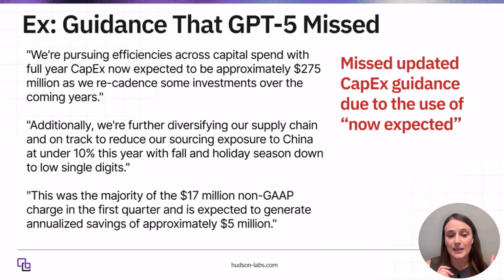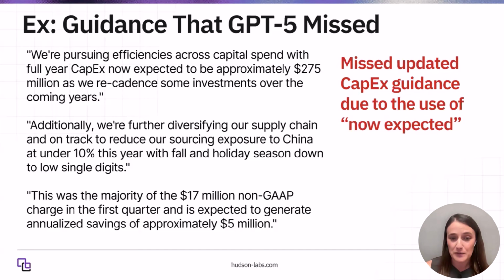These are just three sentences that got missed of many, but these are pretty important. You can see, AI is so smart, but it missed CapEx guidance simply because of the word expected. Expected is past tense, so it got missed.